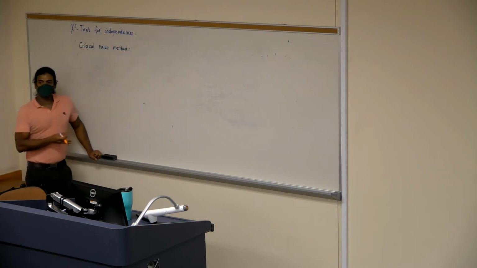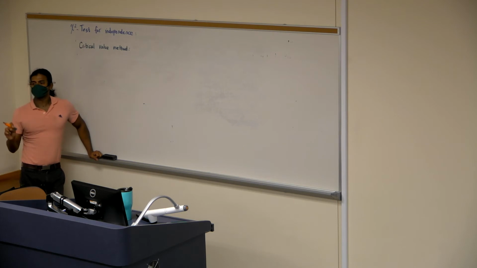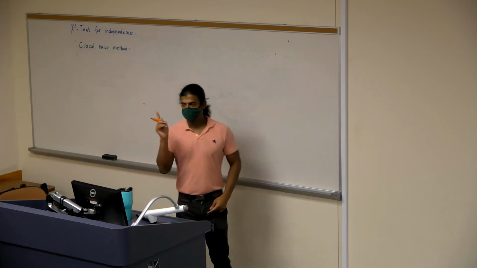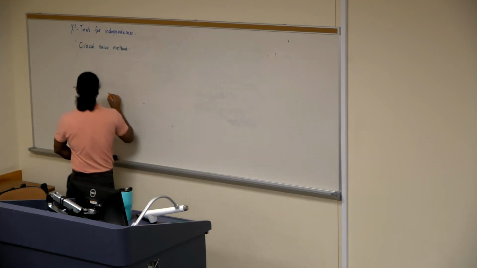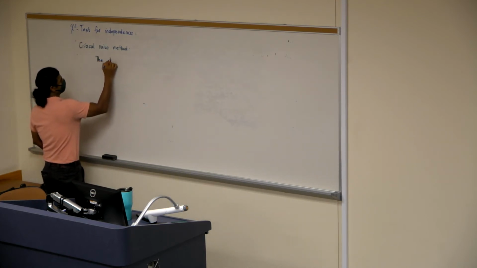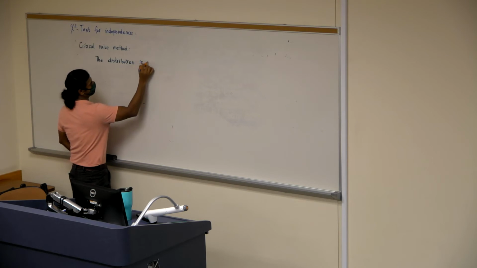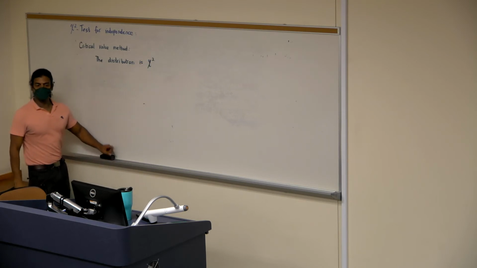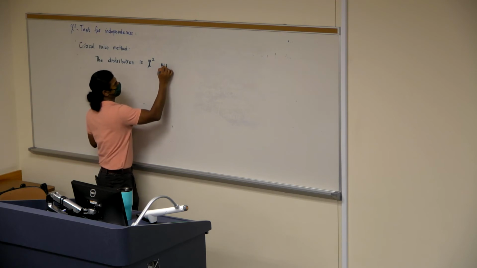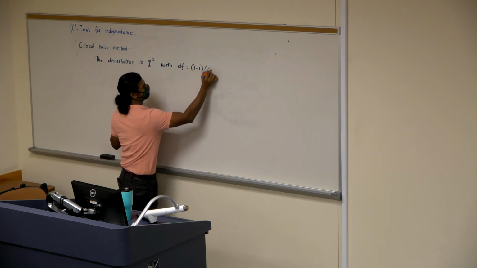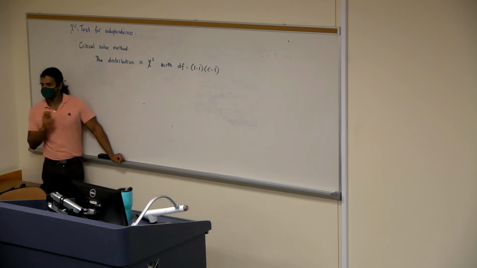And of course, if we have to use the critical value method, you need to know the distribution of the test statistic. Last time the distribution was chi-squared with degrees of freedom k minus 1. This time, the distribution is chi-squared, but the degrees of freedom is R minus 1 multiplied by C minus 1.